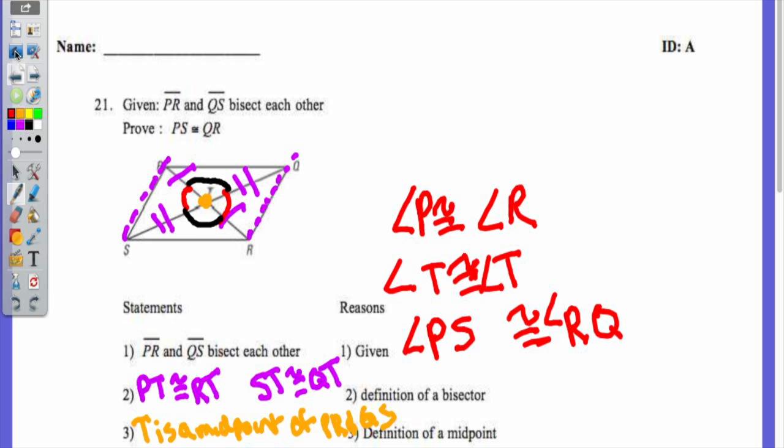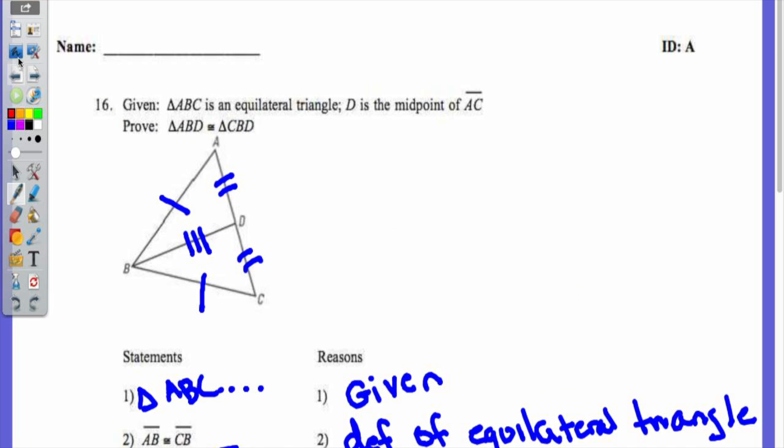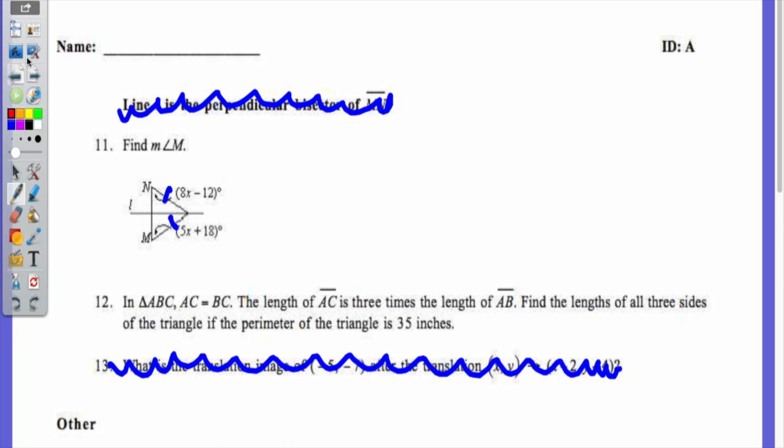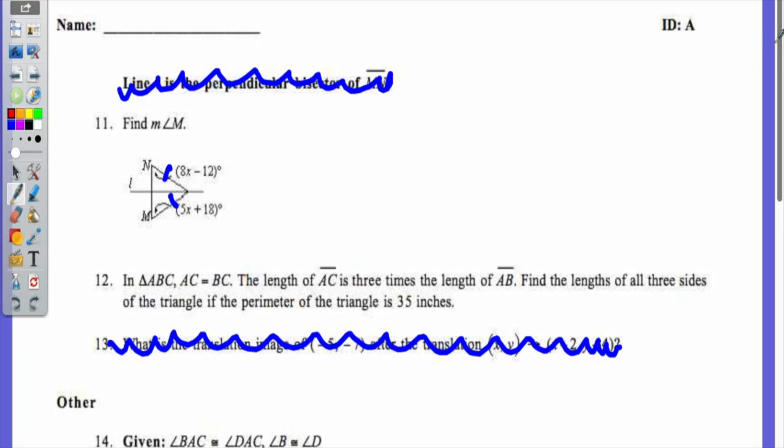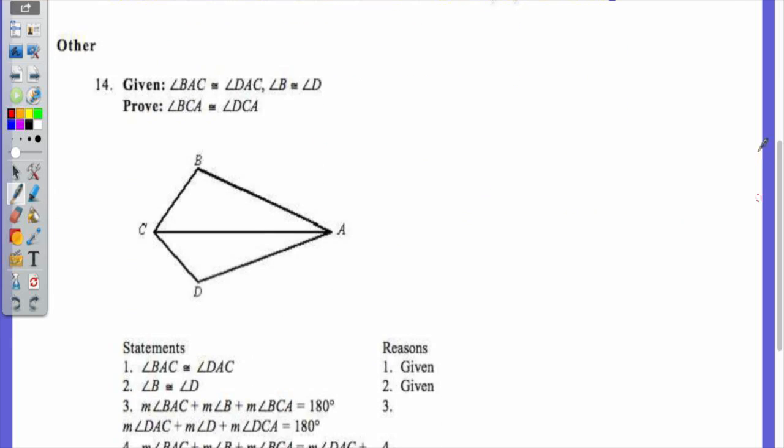Now I'm going to go back on the review to number 14. And you will recognize the art from one of the ones we just did. BAC is congruent to DAC, and angle B is congruent to angle D. Now, we just did one like this.